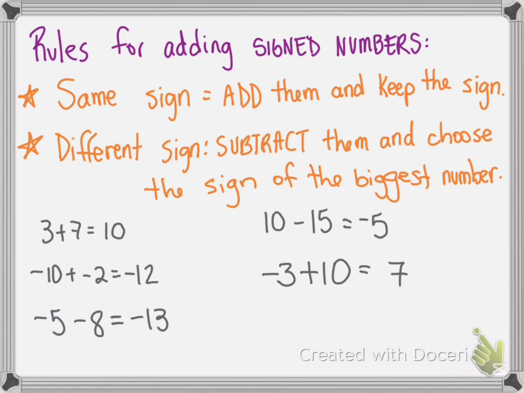Now that's the same as if I write it like this, 12 minus 3. Notice in this case, we have a positive and a negative. Positive 12, negative 3. So we subtract, which is 9, and the sign is positive. And that's what we've been doing in elementary. We just have to think about it differently now, but it's the same thing.